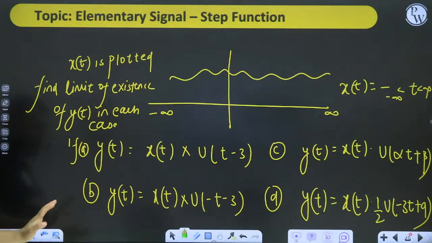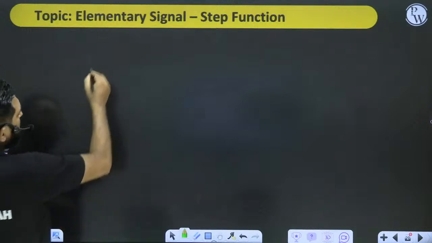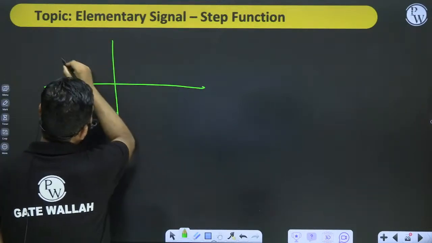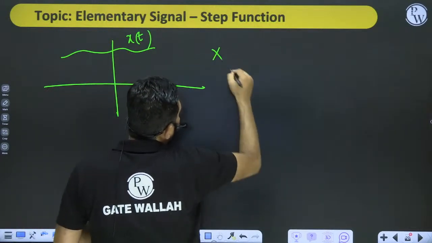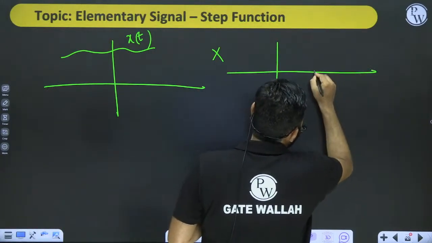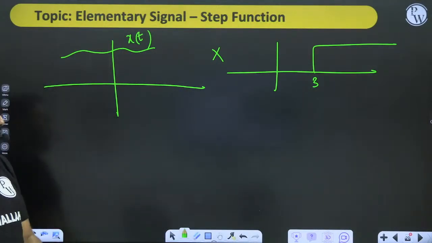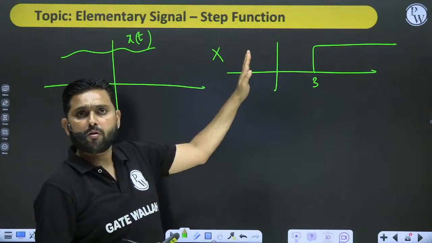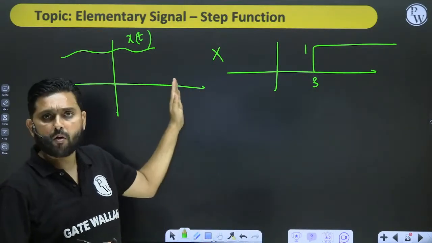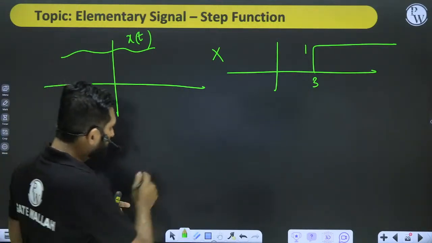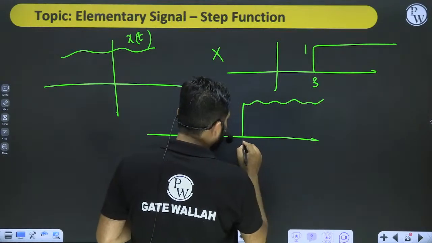Now come to these questions. See here, u(t minus 3). You know that. If the function is x of t, and I have to multiply it by u(t minus 3), which starts from 3, then everywhere else the function is 0 and the value is 1 only from 3.